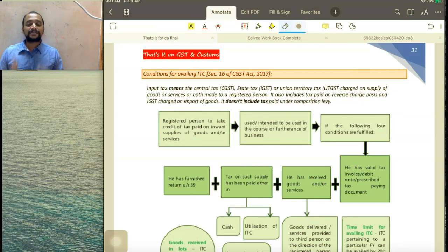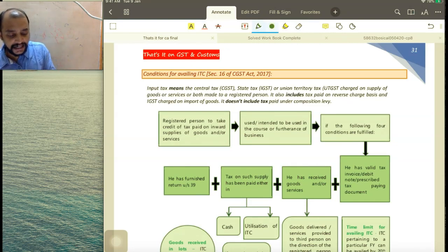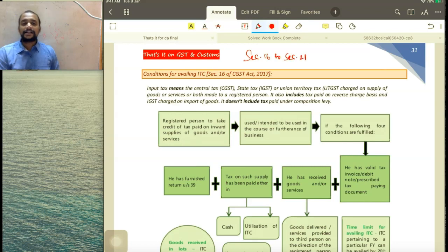So section 16 to section 21 deals with input tax credit. In that, section 20 is the last important one; 21 is connected to 20. So you can remember how I should take credit.